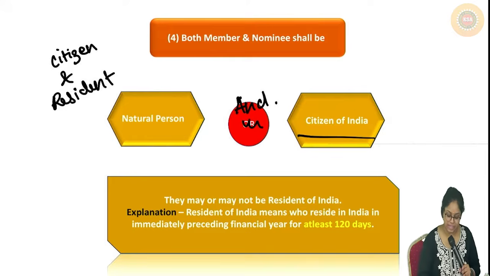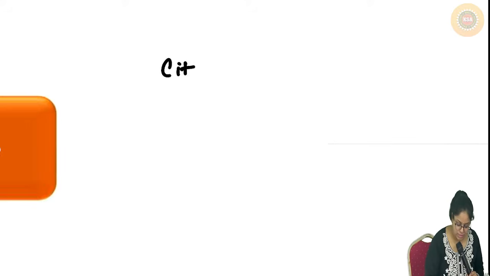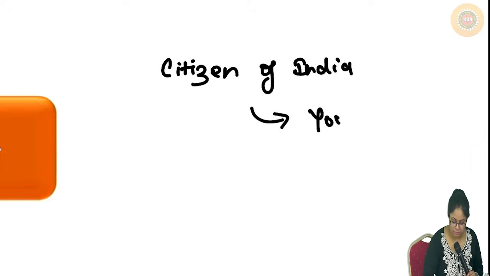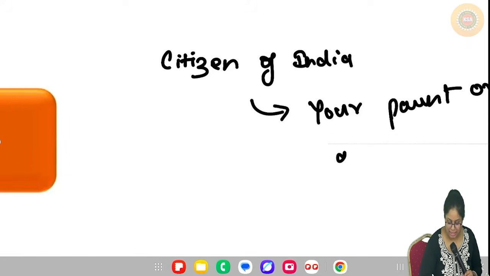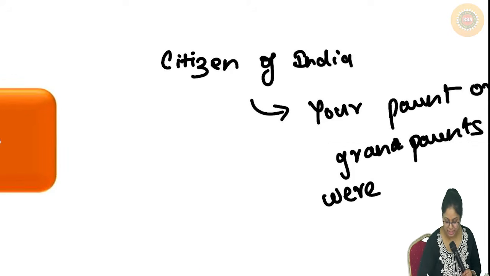For now, I will tell you what you need to know from the law point of view, who is a resident and who is a citizen. When I say you are a citizen of India, that means either your parents or your grandparents were born in undivided India.